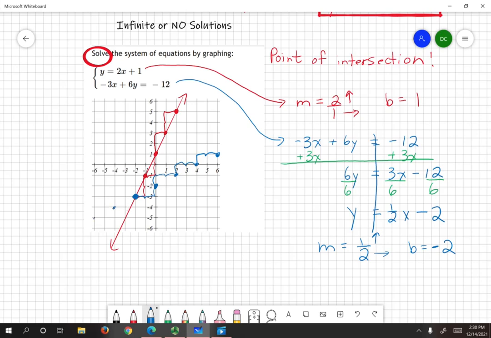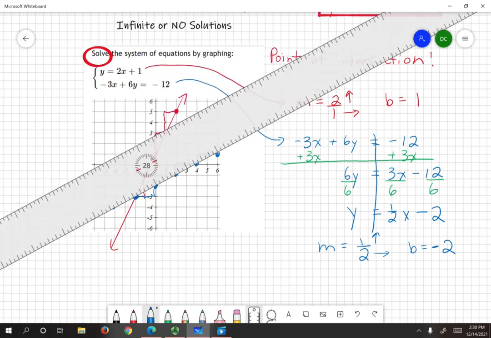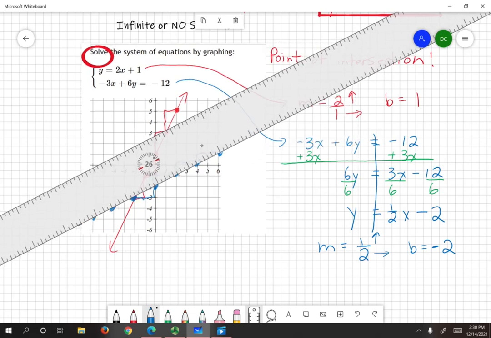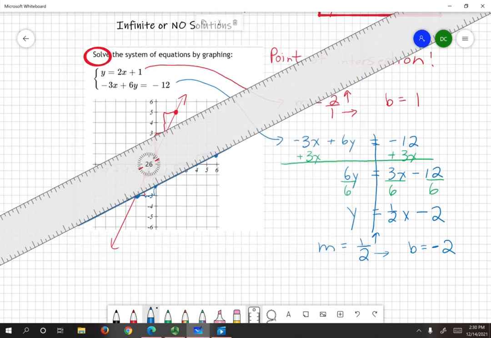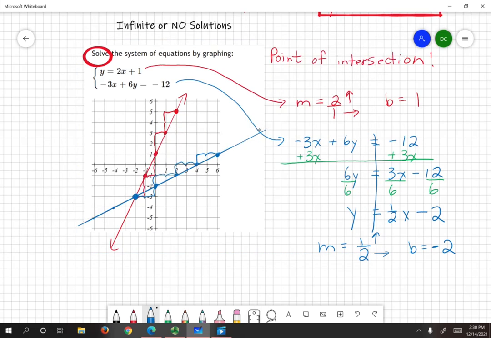Now I'm going to graph this other line right here. There it is. My solution is that point of intersection. What is that point of intersection? It's negative 2, negative 3. That is my answer.